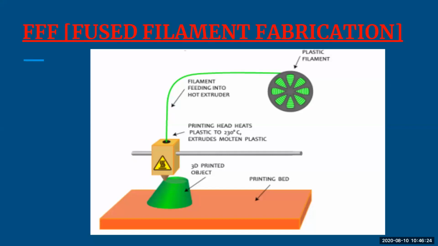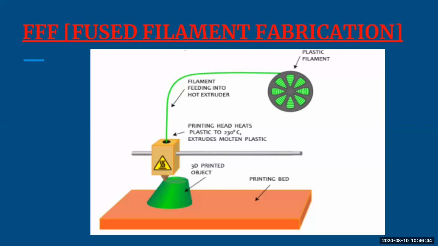So any plastic which is recycled or waste, you can recycle using this FFF process and create a new 3D plastic object. The important point here always is what material each type uses to create the 3D objects.